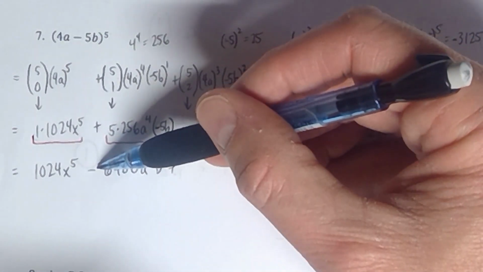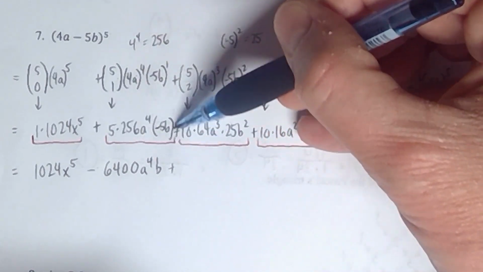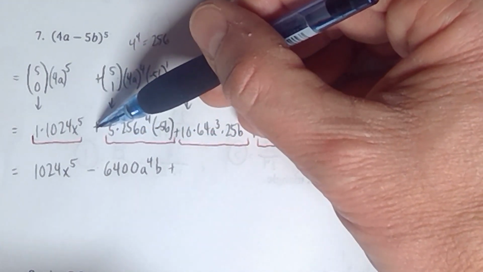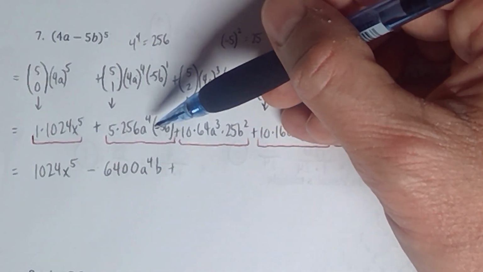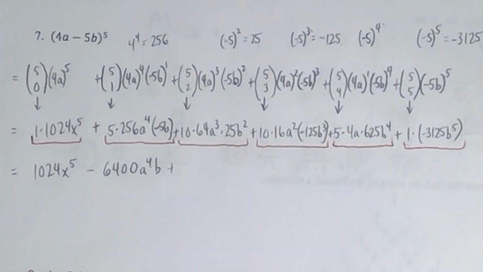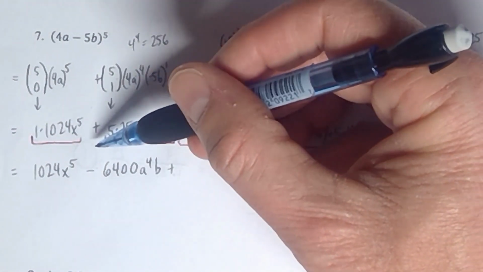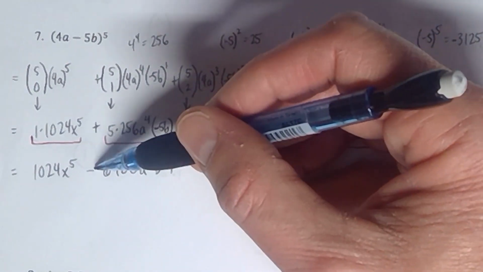Why did I make this minus now? It's because I ended up with a negative group right here. This group right here is negative, and so adding a negative, as you know, when you're setting up a polynomial, which is what this answer ends up becoming each time when you do the binomial expansion, if you have a polynomial and you are adding a negative, you can just change that to minus.